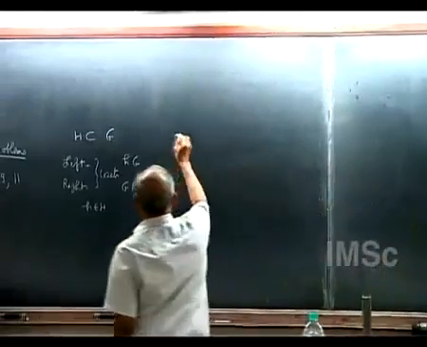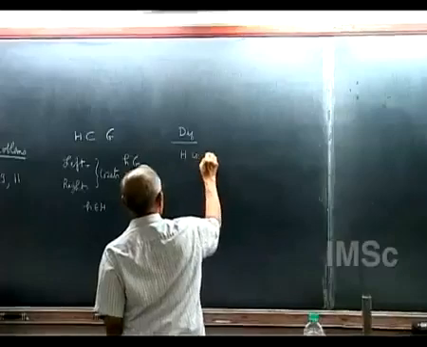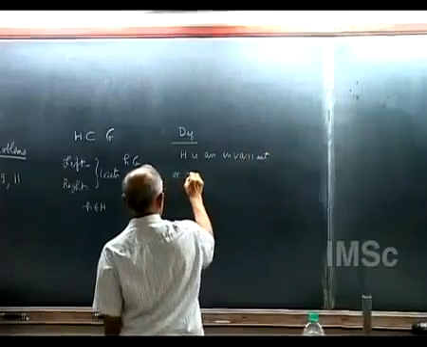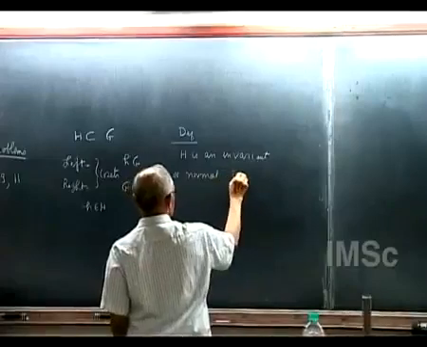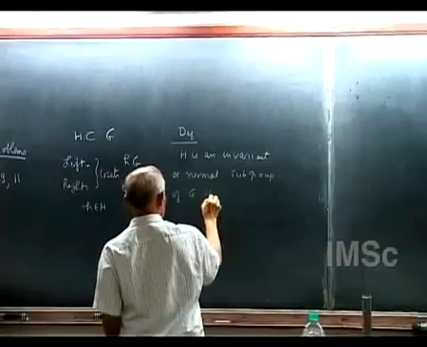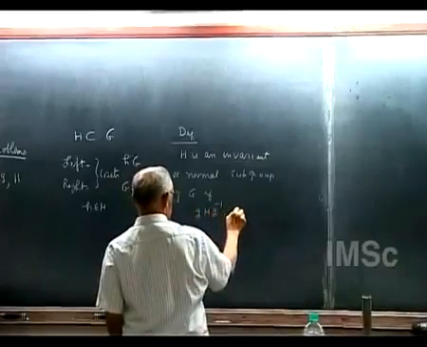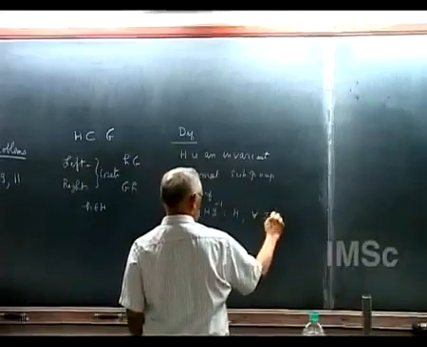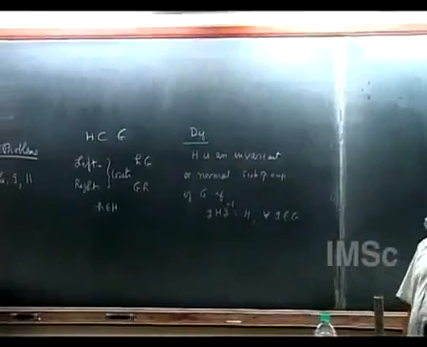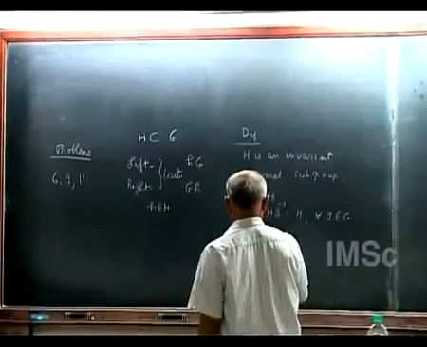Then we gave the definition: H is an invariant or normal subgroup of G if, let us say, gHg inverse is H for all g in G, or gH is equal to Hg.